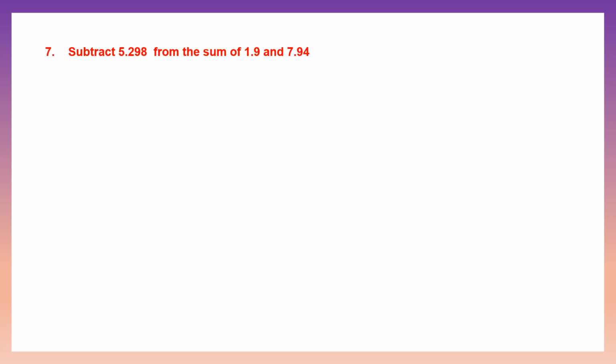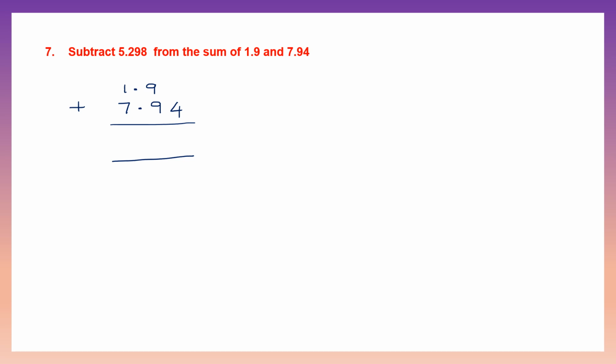Question 7. Subtract this number from the sum of this. So sum of these two means first we need to add these two and subtract this number from that answer. So first we need to find the sum of these two. So let's find the sum. Finding the sum means adding. So 1.9 plus 7.94. So first we need to add.